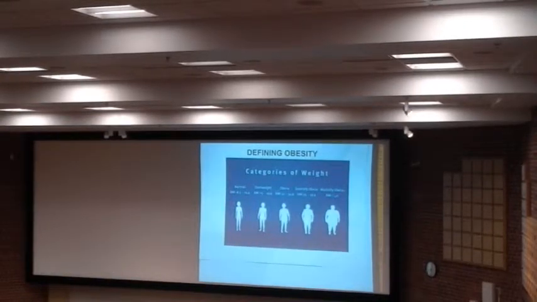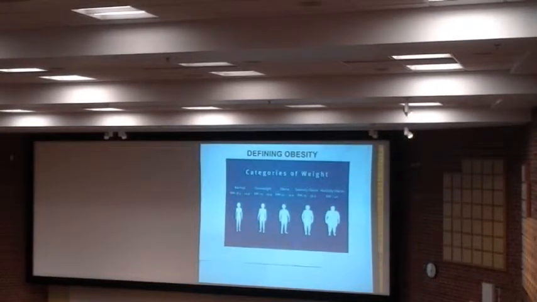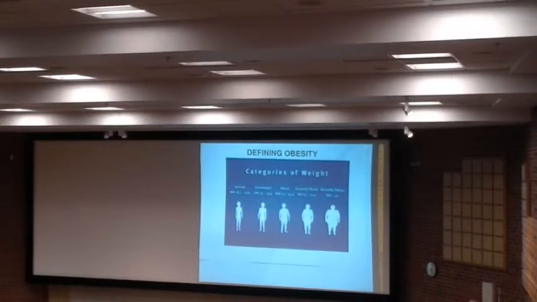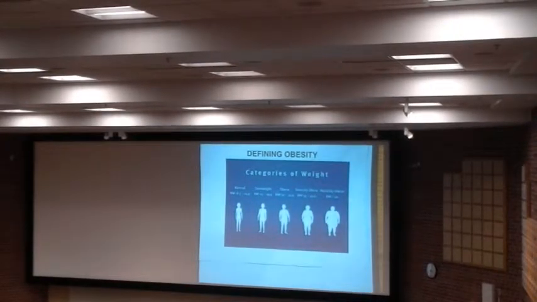The BMI is easily calculated, but it is also the least accurate of the three methods for determining the amount of fat in the body. The scale is sort of a little bit arbitrary.